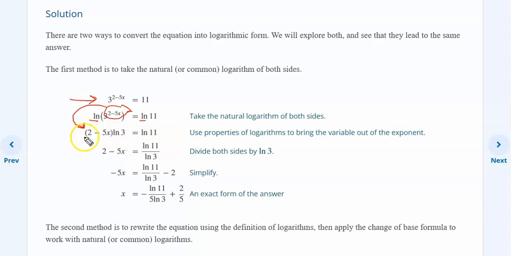Now, how would you solve for this? Well, you would divide both sides by this, which is what they're doing. Now, again, you want to solve for x. So we're going to take this 2, transpose it to the other side as a negative 2, and then you have this. Now, how would you solve for a positive x here? Well, you're going to divide both sides now by a negative 5.